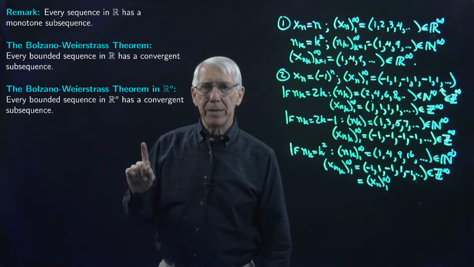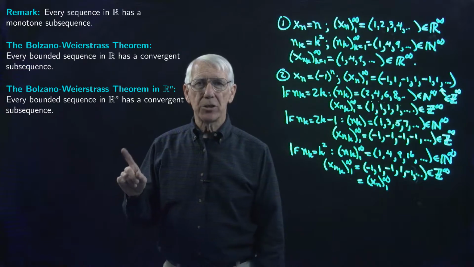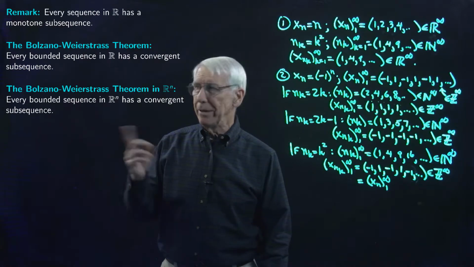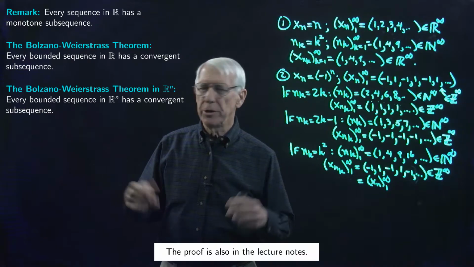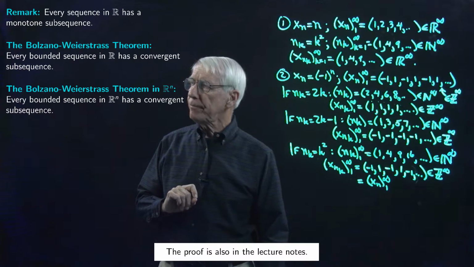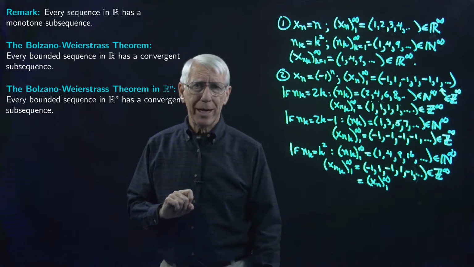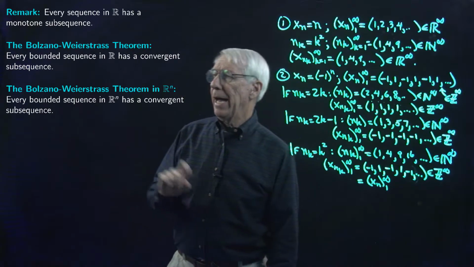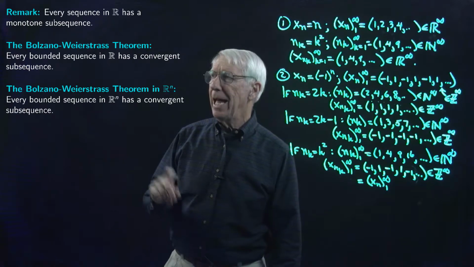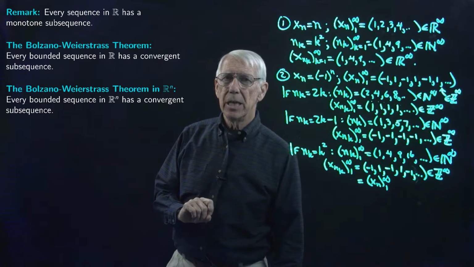And I'm not going to do that proof, and I probably won't give that as an exercise, but I'll refer you to Simon and Blume, who give that proof, and it's a real nice proof. So it's something you should absolutely take a look at. So we have the Bolzano-Weierstrass theorem, and that theorem tells us that every bounded sequence in Rn has a convergent subsequence.